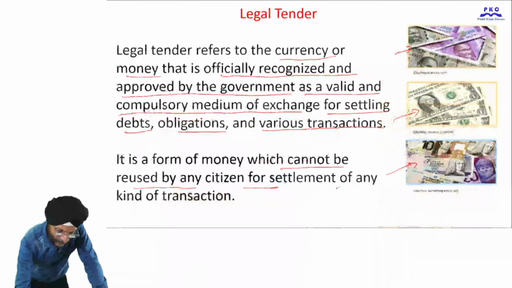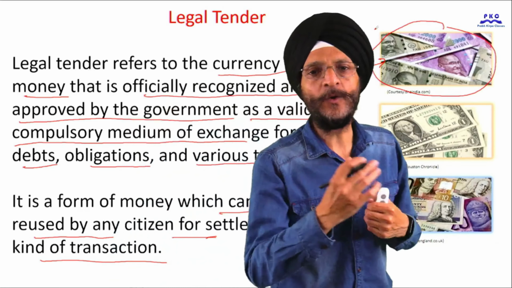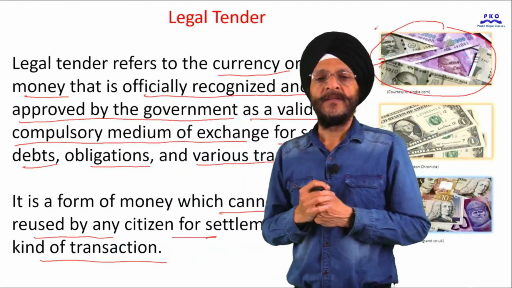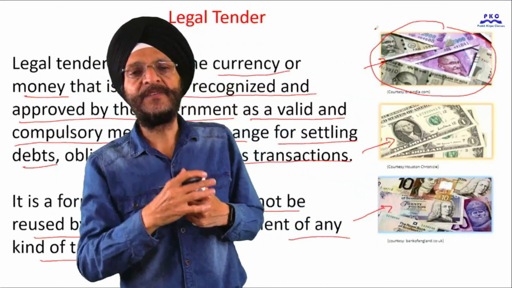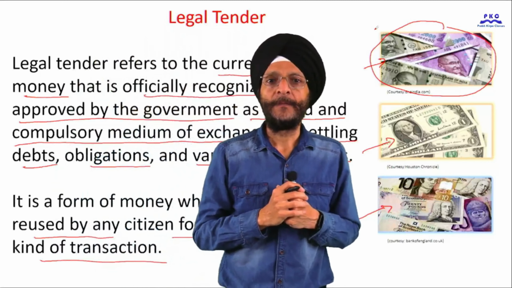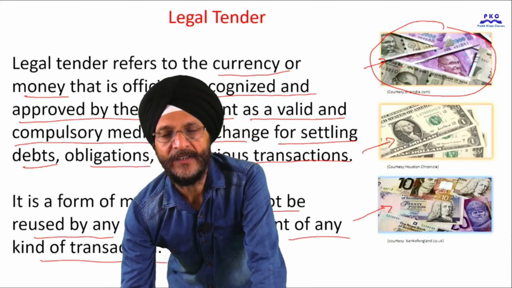It means that suppose you are living in USA and after purchasing the burger, if you want to make the payment through Indian rupees or the Indian coins, the seller will not accept the same, because in USA this currency is not legal tender.